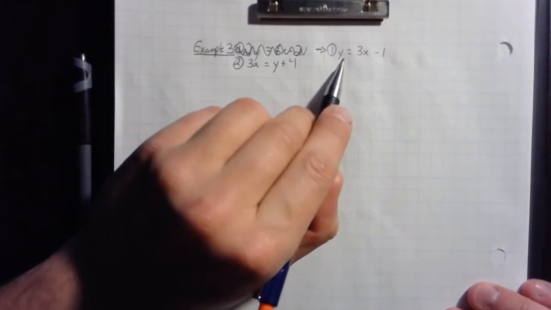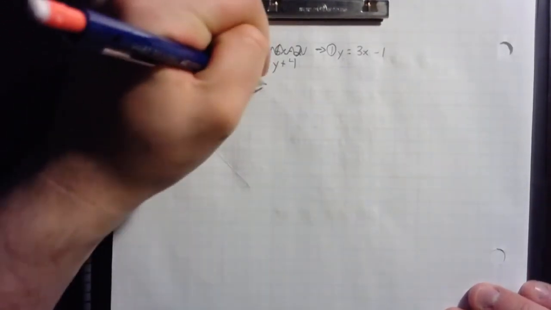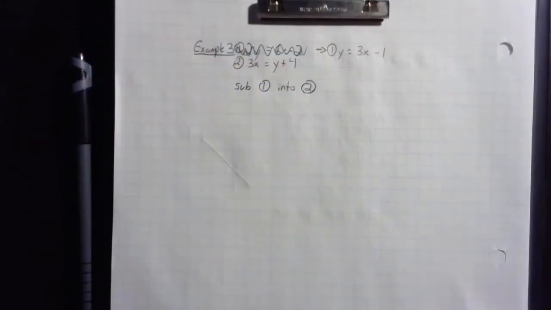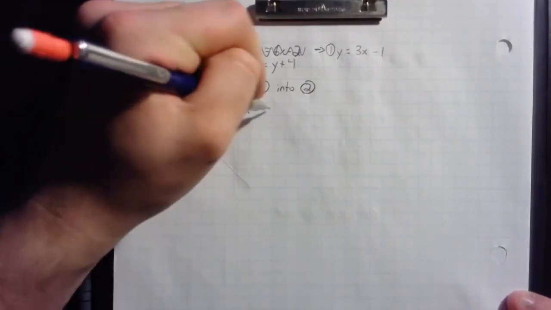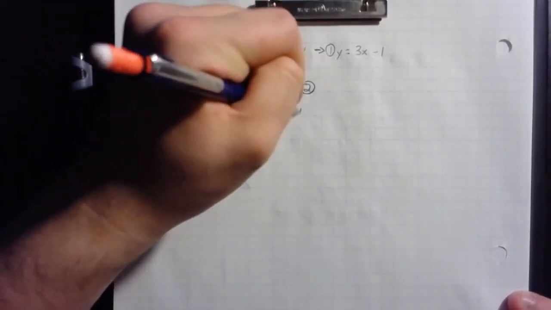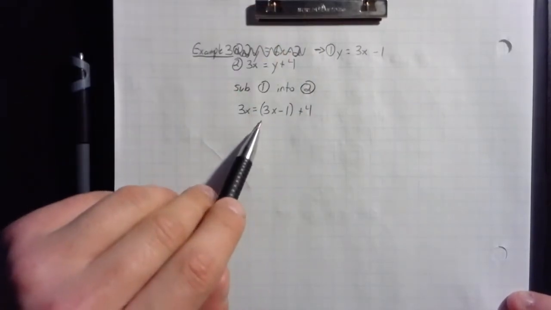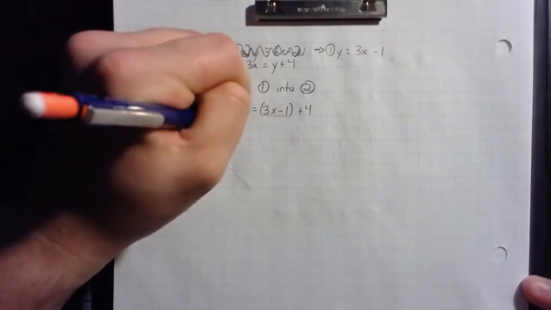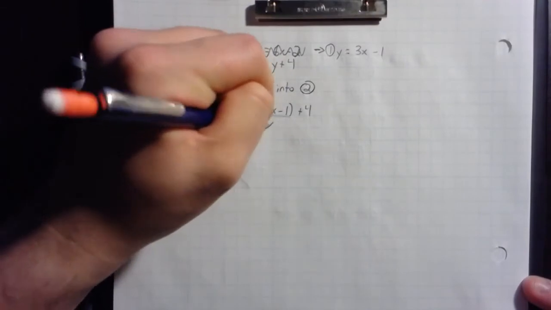Because we have this as y equals something, let's sub 1 into 2. So in doing this, I get 3x equals 3x minus 1 plus 4. And again, all I just did is I just subbed in 3x minus 1 for my y value. Now again, let's go through the brackets here. There's nothing in front, so I can drop my brackets.